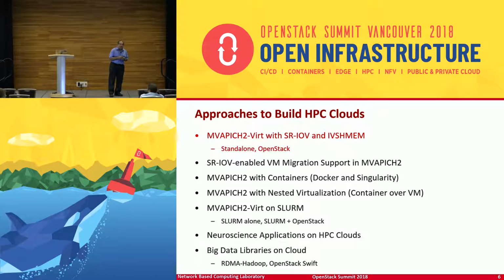We have been working with some application people to see how to deploy these kinds of things. We have been working with some neuroscientists, and these people have a need to run things from a laptop to very large clusters. So we are trying to enable them through our HPC Cloud solution, so that they can run it on the laptop as well as on a very large cluster.